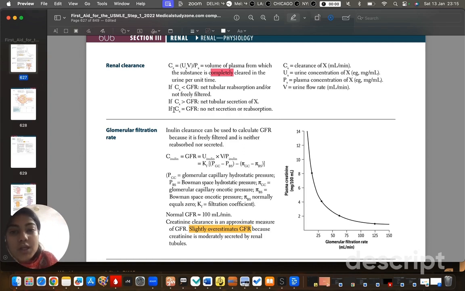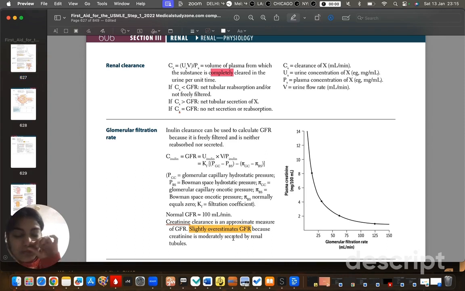What is GFR? So that's why we look at X as inulin, because you can't secrete it, you can't reabsorb it. So everything that is filtered, inulin just goes into your urine. Same with creatinine. We use creatinine because it's kind of similar, but it slightly overestimates GFR because it's slightly secreted in your proximal tubules.